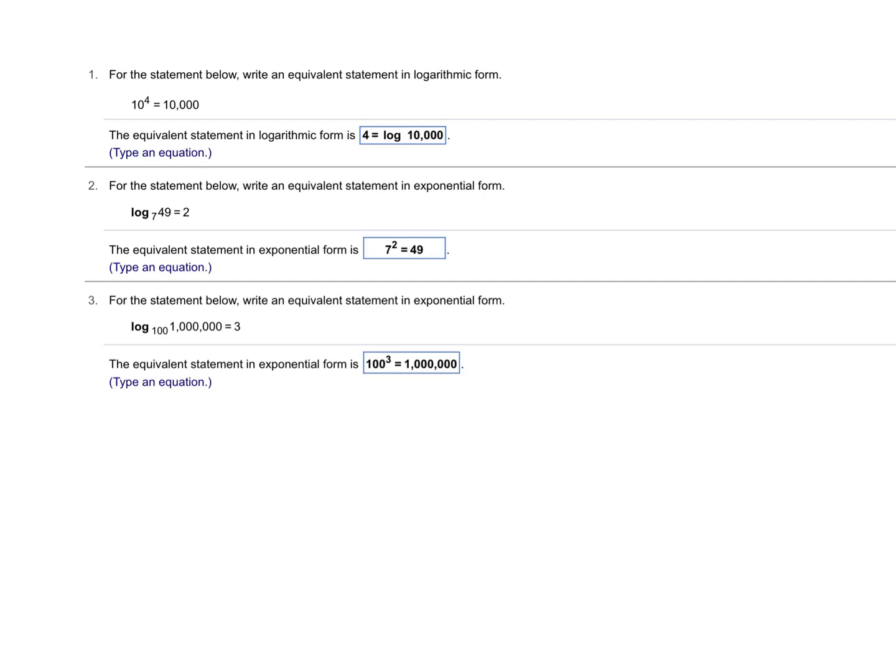Okay, to do this first problem, we have to remember the rule that y equals log base a of x is the same thing as a to the y power equals x. So they have this in the a to the y power equals x form.